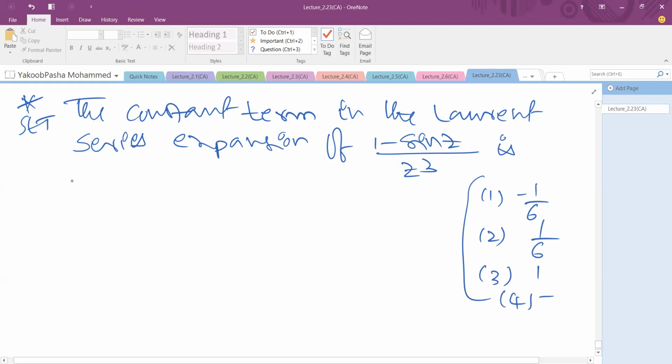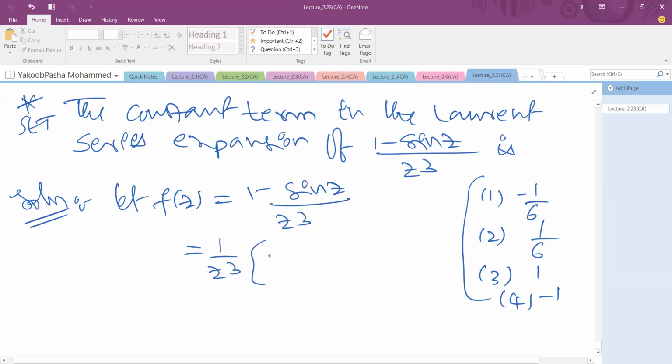Now we have to take the function f of z equal to (1 minus sin z) divided by z cube, which is 1 by z cube times 1 minus the expansion of sin z.